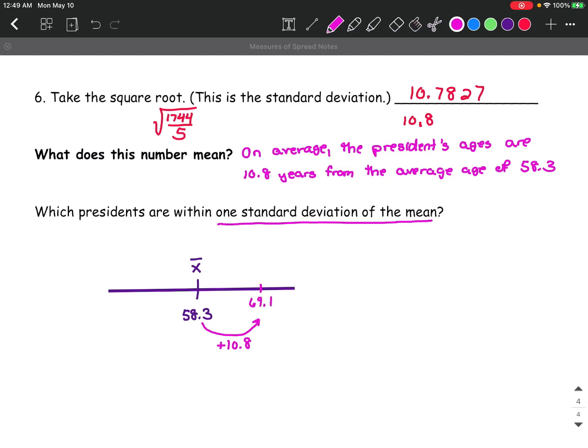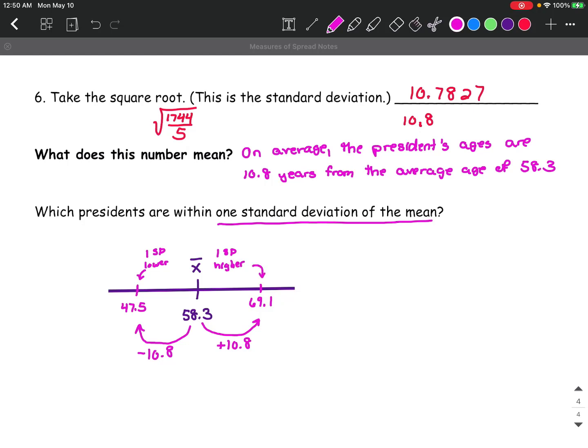69.1. And then we're going to take our standard deviation and subtract 10.8. 58.3 minus 10.8, 47.5. There we go. Okay, so we could go 1 standard deviation lower, brings us to 47.5. 1 standard deviation higher brings us to 69.1.